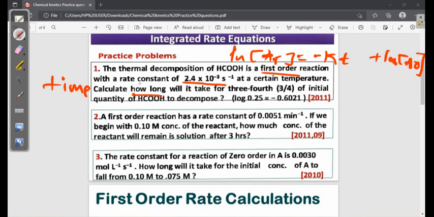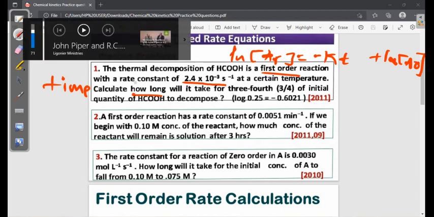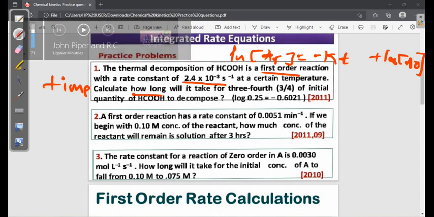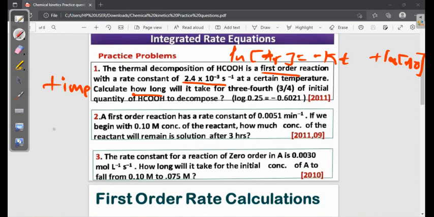I think maybe it's better. Or 100? Okay, we can try that. So if we consider 100 to be the initial, then what is going to be the final?